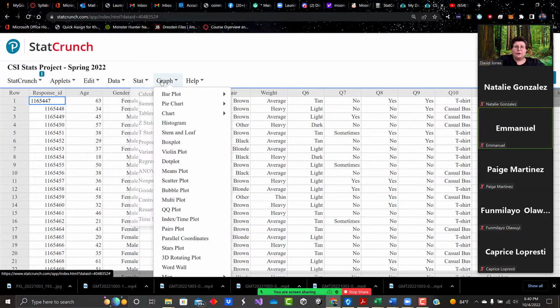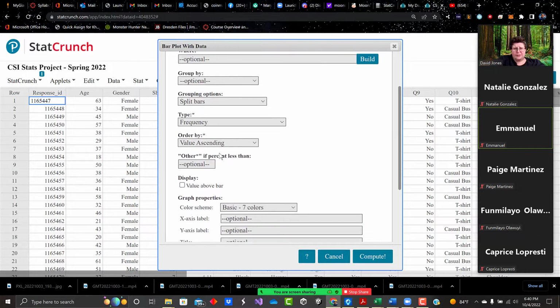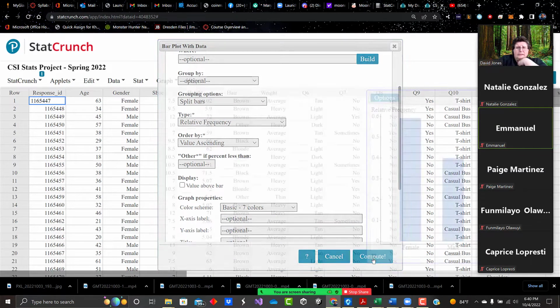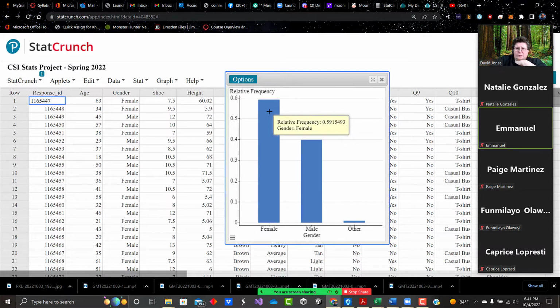Another way to get similar data is we could do a graph with the bar plot. And we've got the data, so I've got to say with data. And we were doing gender, so I'll go back to doing gender. And I'll do relative frequency on this one. So it gives a nice little thing. If you put your cursor over it, it'll show the values.